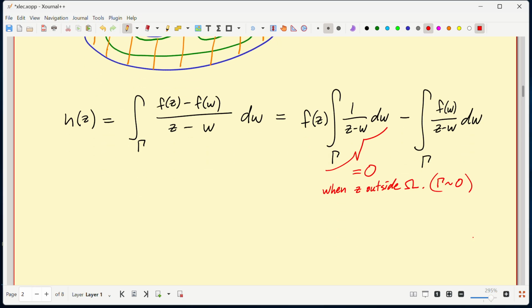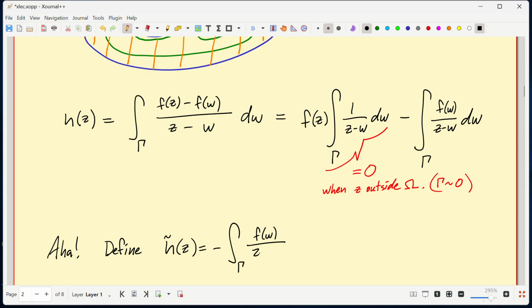So the aha moment is, let's define, I'll call it h twiddle at the moment, because it's going to extend h. So h twiddle of z equals minus the integral around gamma of f of w over z minus w.